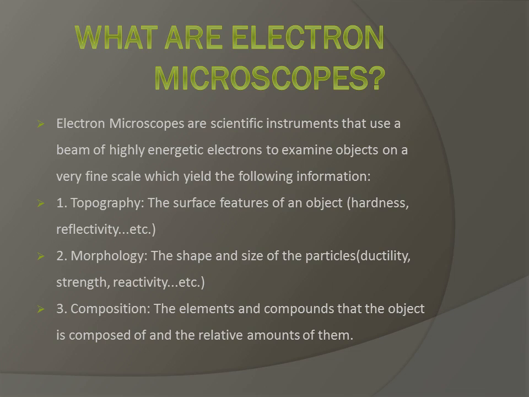The second is morphology, the shape and size, the morphological properties such as ductility, strength, reactivity and the three-dimensional reactiveness of that material can be analyzed using an electron microscope. And the last one is composition, the elements and compounds that make up a material in a particular amount, which can also be analyzed using electron microscopes.